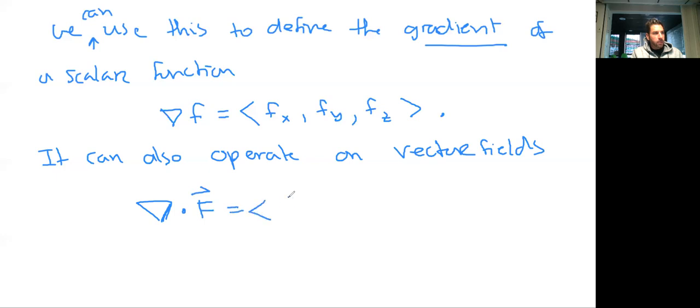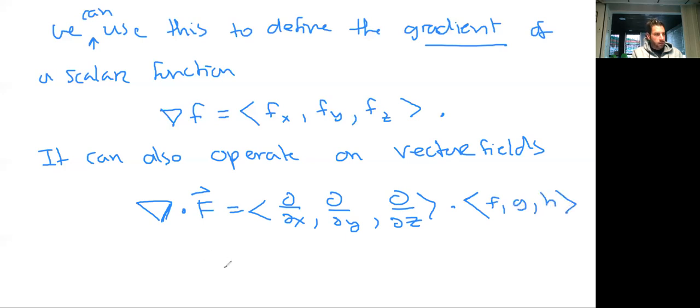So we could say, okay, the partial with respect to x, comma, the partial with respect to y, comma, the partial with respect to z, dotted with, what's F? Well, F, we give it components, maybe little f, little g, little h. And so what this becomes is the partial of f with respect to x plus the partial of g with respect to y plus the partial of h with respect to z. So let me be very clear here. This is the dot product.